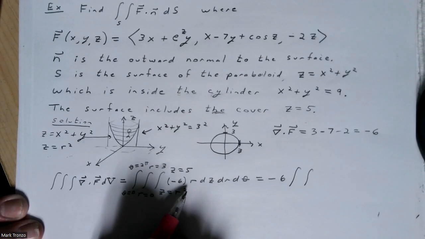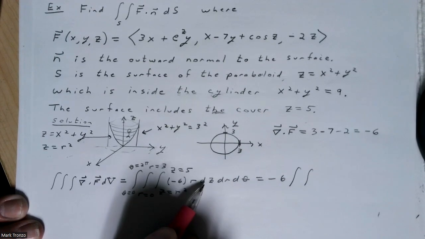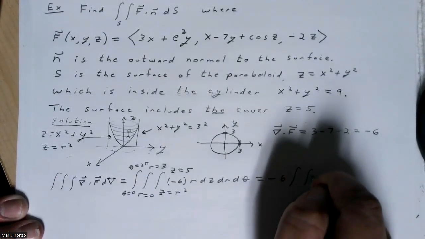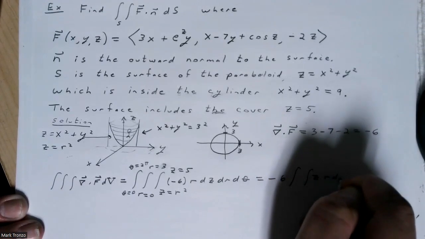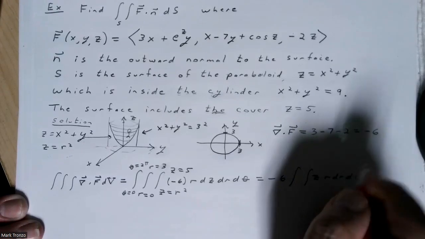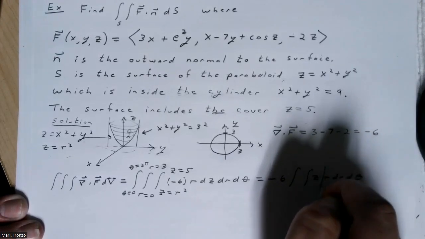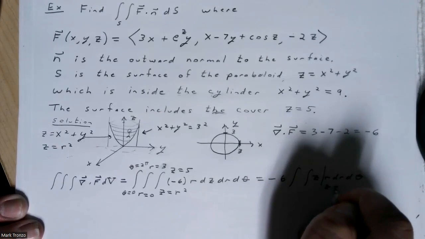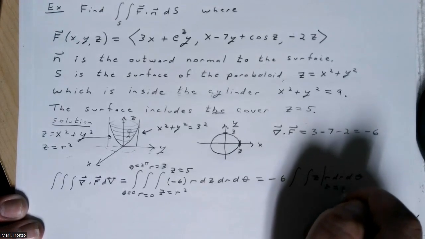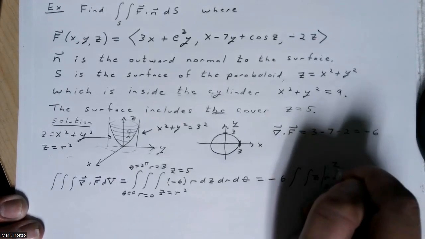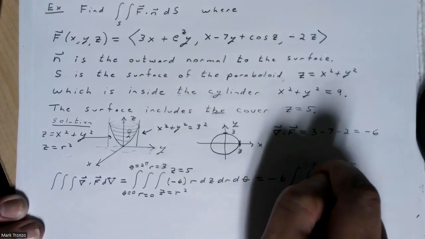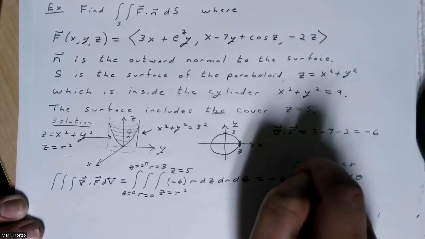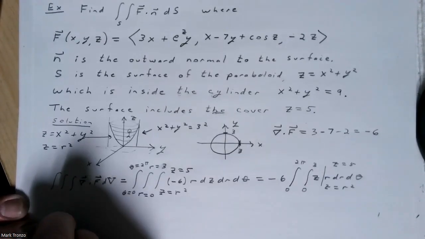And if we integrate this with respect to z, we'll just have z, r dr d theta, where z was evaluated from z equal r squared to z equal 5, and the other integrals 0 to 3, 0 to 2 pi.